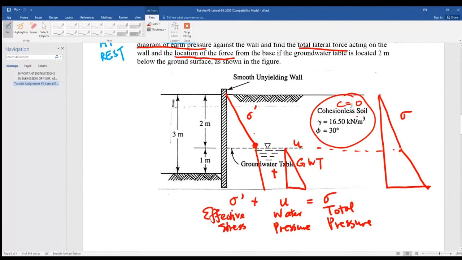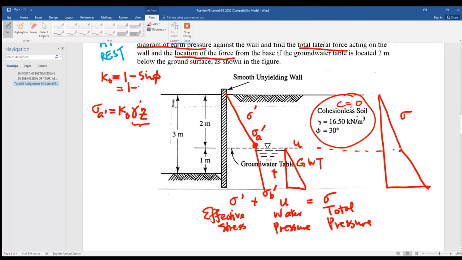Can you calculate that at A? If that is sigma B dash, can you get the value sigma A dash? It is equal to K naught times gamma Z, because that is the vertical pressure. What's K naught? 1 minus sine phi, right?